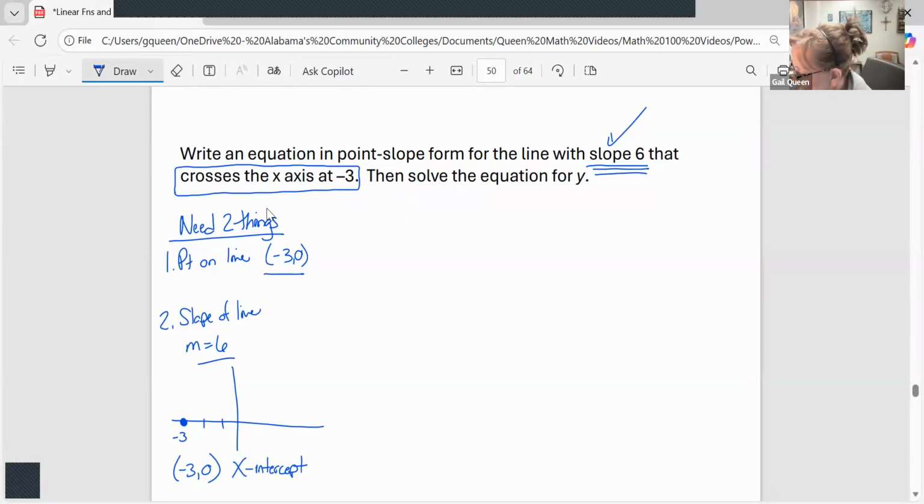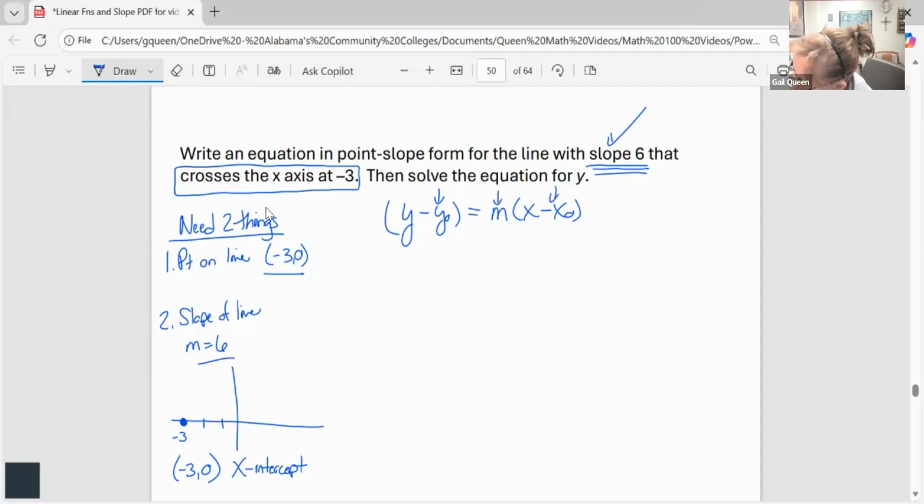So we can go to our point-slope formula and write the equation of the line. I'm going to plug in the x and y coordinate of the point, and I'm going to plug in the number for the slope. So I have y minus the y coordinate of the point. The y coordinate of my point is 0, equals the slope times x minus the x coordinate.